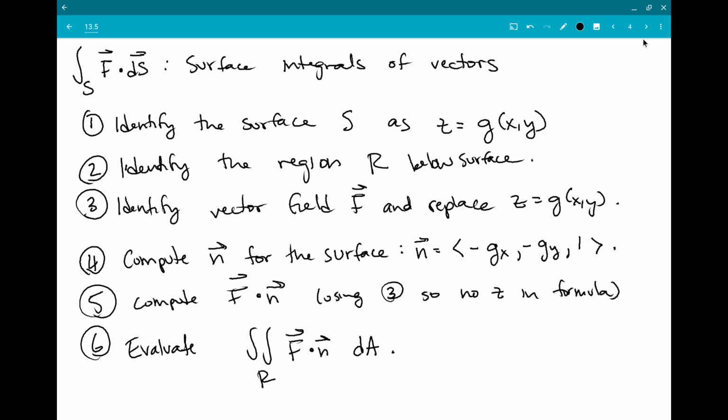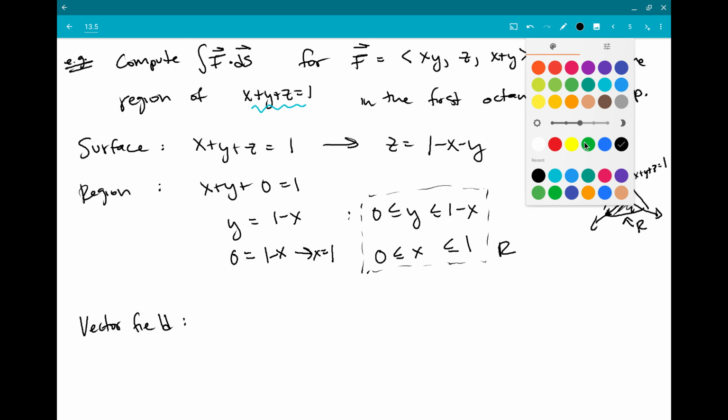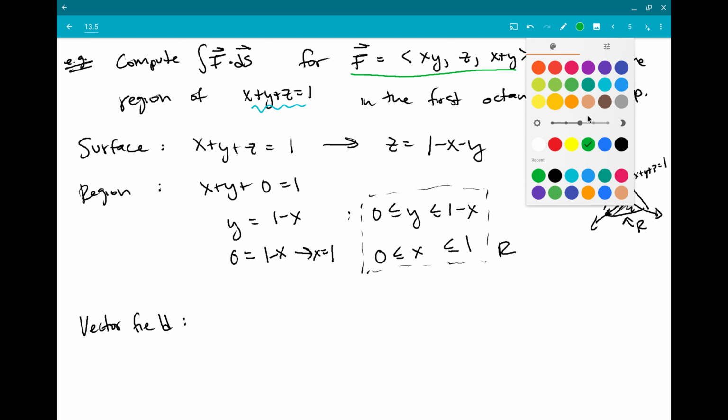Okay, and then we have to identify our vector field as our third step. It's the thing that we want to integrate in the end, and conveniently enough, it tends to be the only vector field given to us. Let's keep doing this where I write out all the words. So there's our vector field.